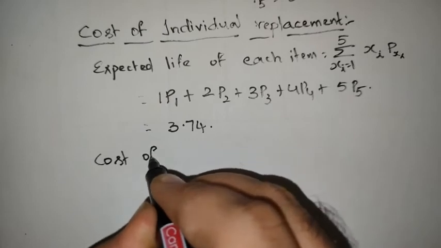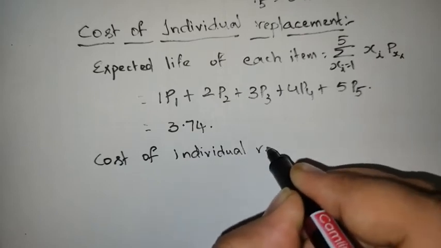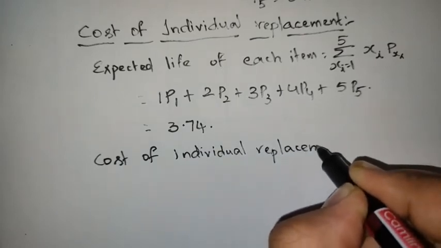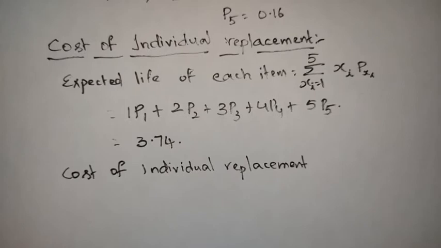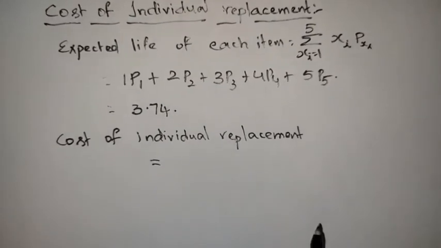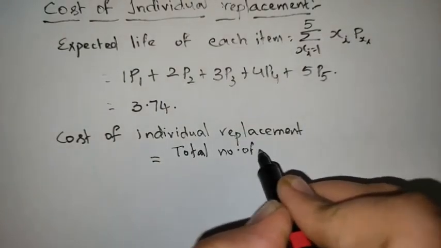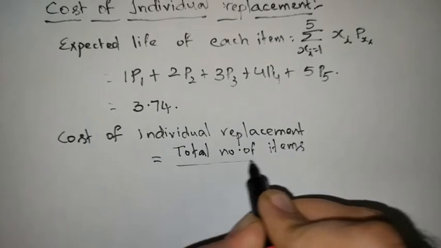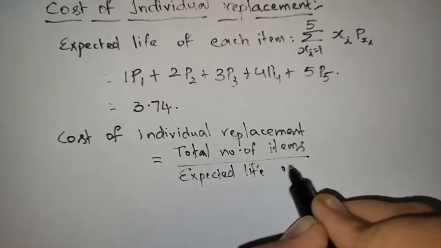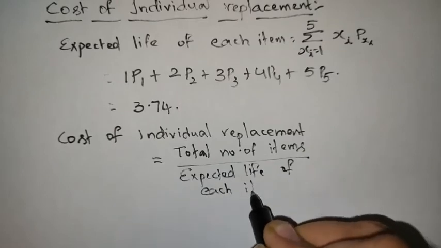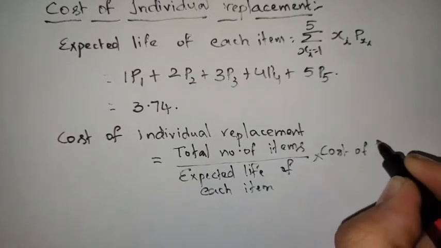The cost of individual replacement equals the total number of items divided by the expected life of each item, into the cost of an individual item.